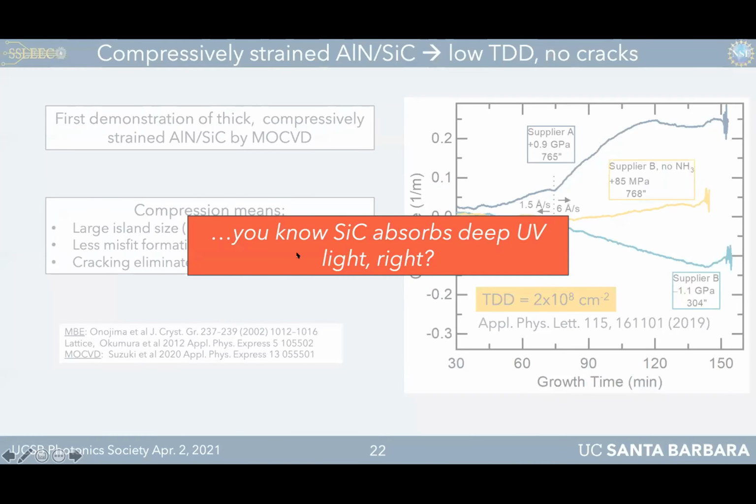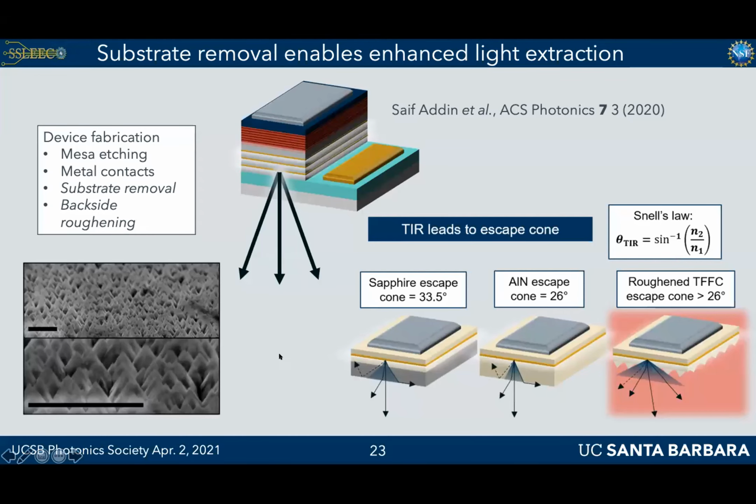At this point in the talk, usually someone raises their hand and says, hold on, silicon carbide is absorbing, right? Aren't you going to have trouble with the light extraction efficiency there? That's true. Silicon carbide actually has a similar band gap to GaN. It's not too different, and it does absorb in the deep UV. So Burhan, who graduated a few years ago, came up with this really nice process to remove the silicon carbide substrate after growth.